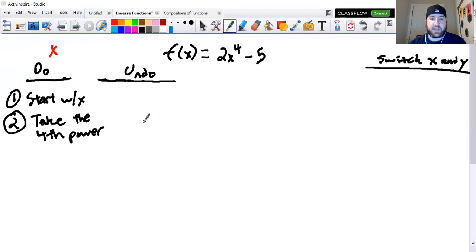Y'all are going to see the language line up when I do the undo. So why I'm saying power, I guess you could say take the 4th exponent, but that sounds a little weirder. If you need to write exponent so you understand, go ahead. So I take the 4th power. Stick my 4 up there. I'm going to multiply by 2.